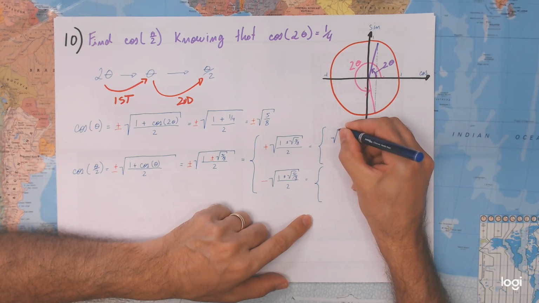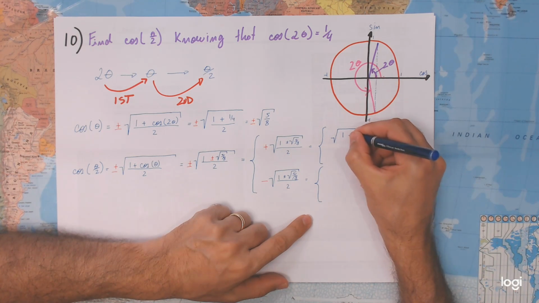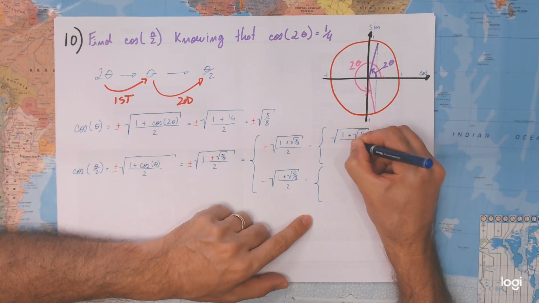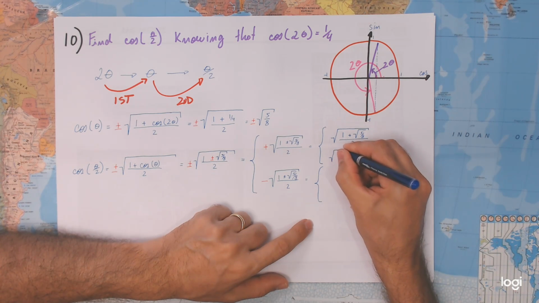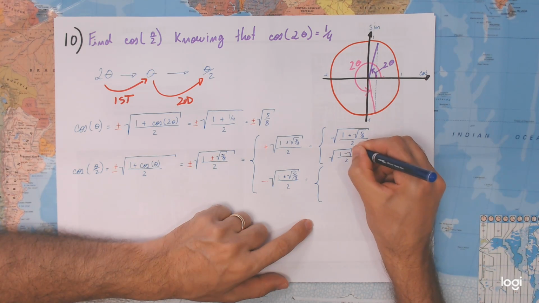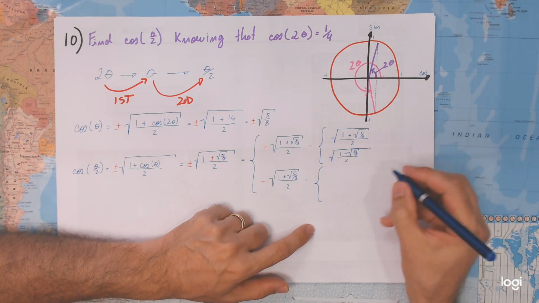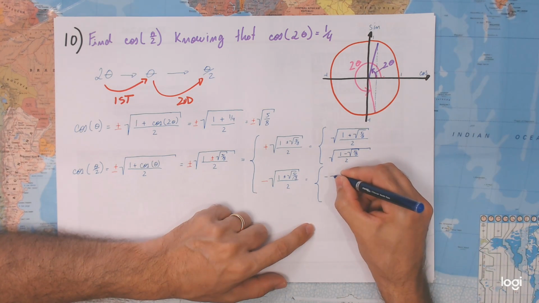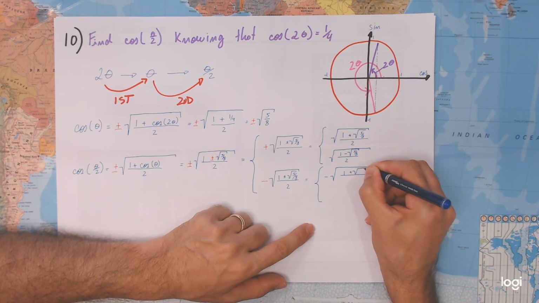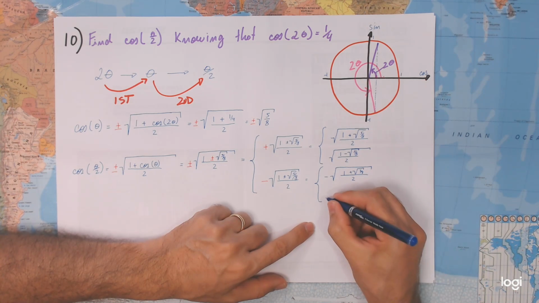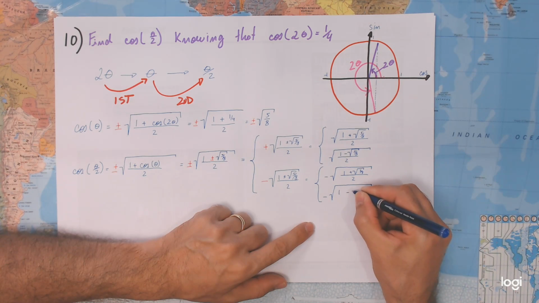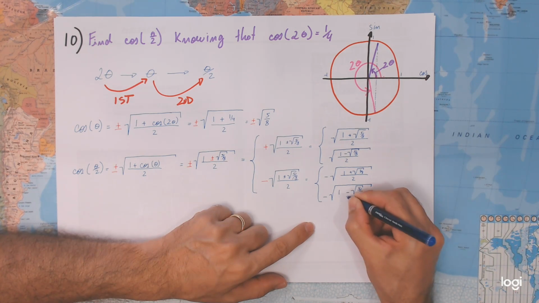We're going to have the square root of 1 plus the square root of 5/8 divided by 2, and the square root of 1 minus the square root of 5/8 divided by 2. And then we're going to have 2 negatives: negative the square root of 1 plus the square root of 5/8 divided by 2, and again negative, but this time the square root of 1 minus the square root of 5/8 divided by 2.